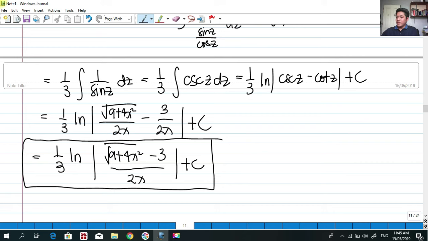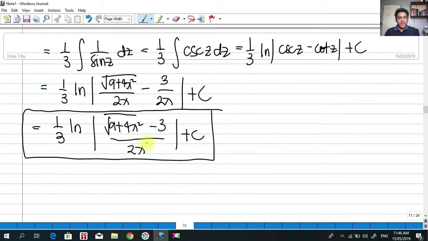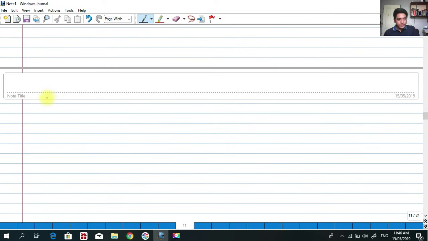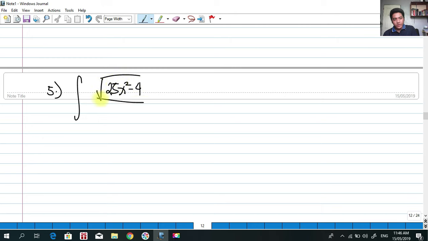Okay. So down to our last example. This is the last example for this video. Number 5 is the integral of the square root of 25x squared minus 4 over x dx.